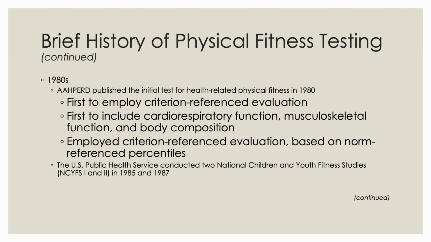This test was also the first to include cardiorespiratory function, musculoskeletal function, and body composition. It employed criterion referenced evaluation based on norm referenced percentiles. Fitness is defined as a multifaceted continuum extending from birth to death.